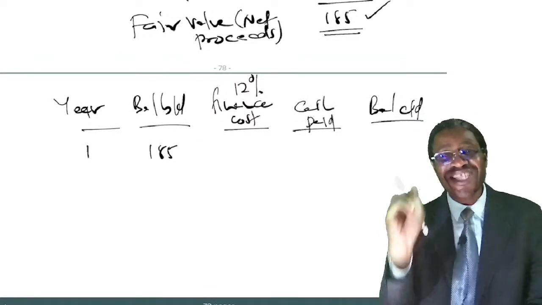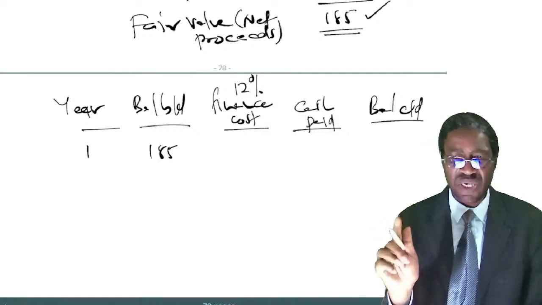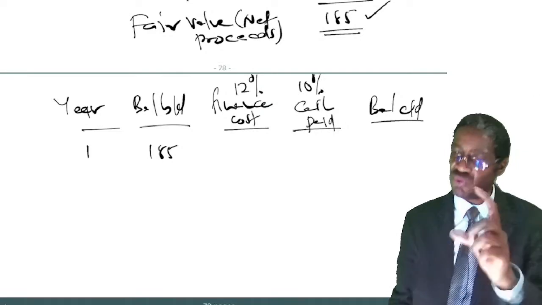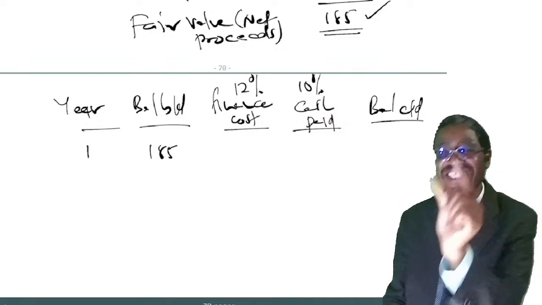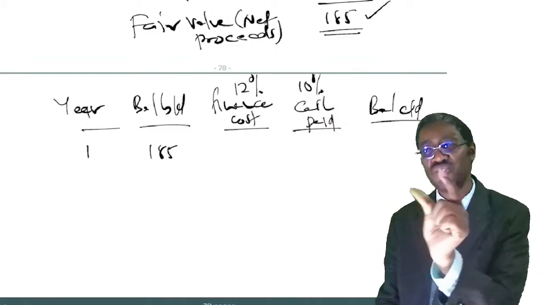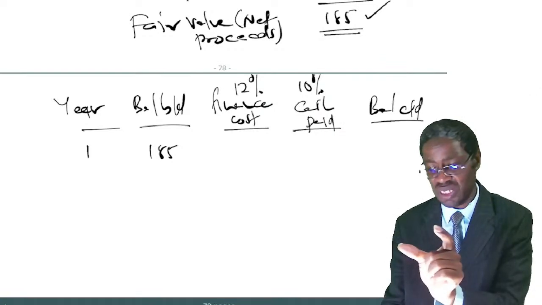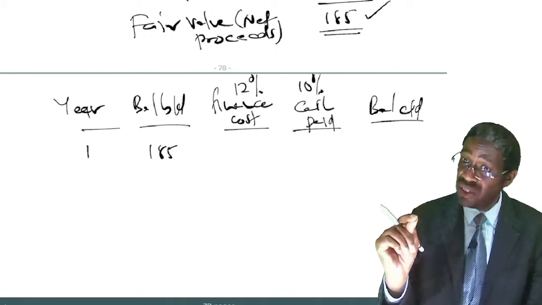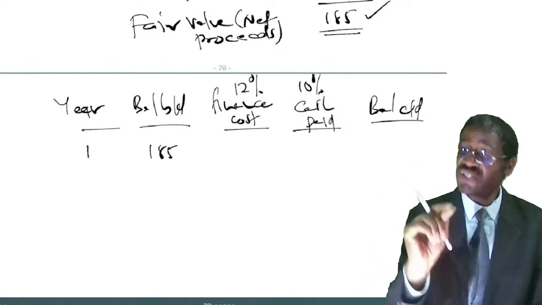To calculate the cash paid, you will be using the coupon rate. You as a company issued a 10% bond whose nominal value is 200 million. Every year you will be paying 10% of 200, which is 20 million.